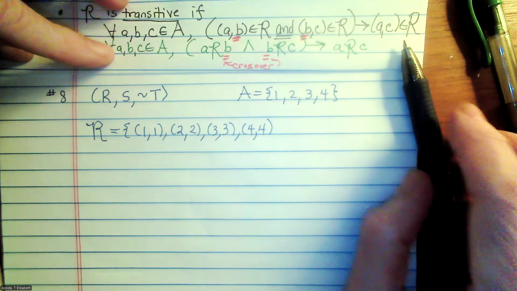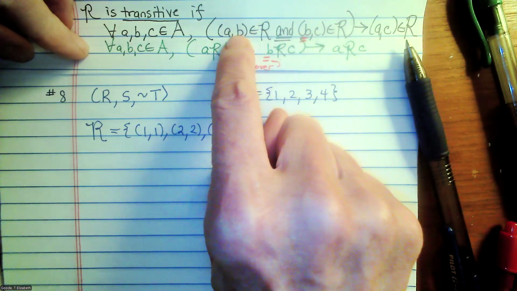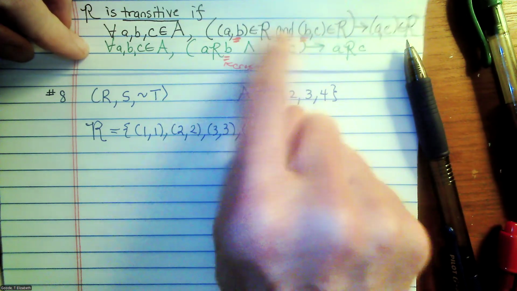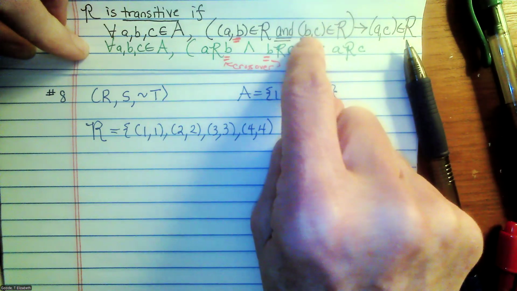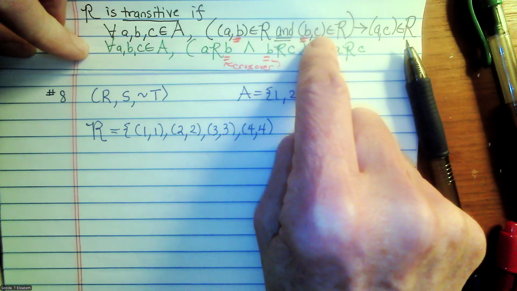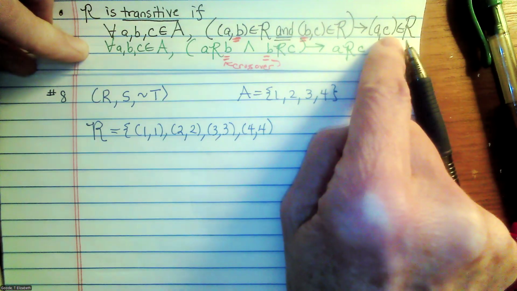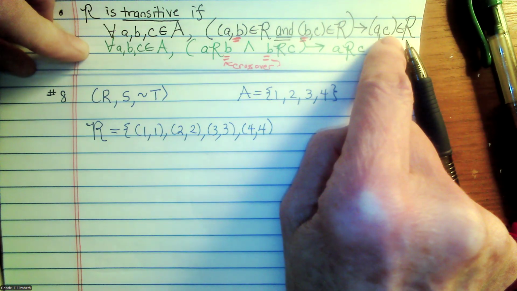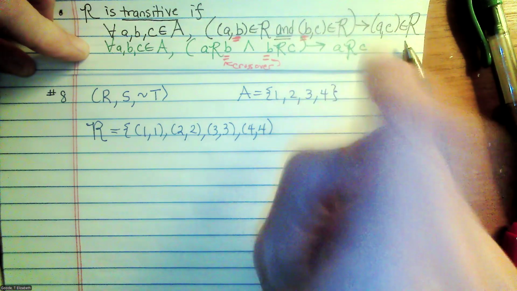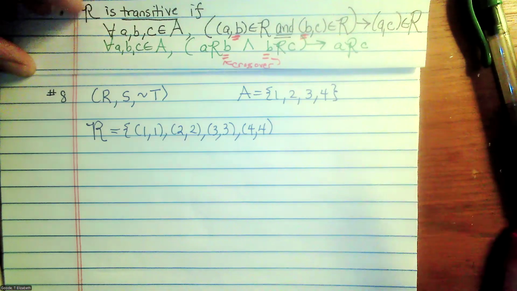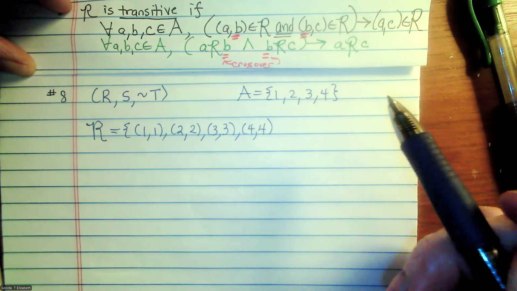We need to add elements where we have a crossover element of A. We're calling it B here, but we need a little a related to a little b, and then that same little b needs to be related to a little c, and then we want to make sure that a is not related to little c, right? We want the hypothesis and not the conclusion. So do you have any ideas of some ordered pairs that we could put into R that would make it not transitive?